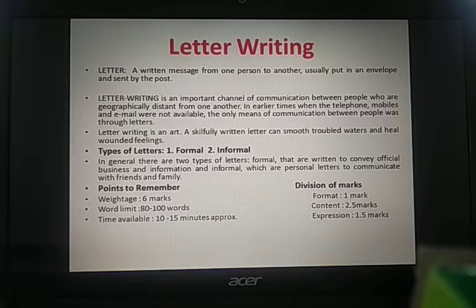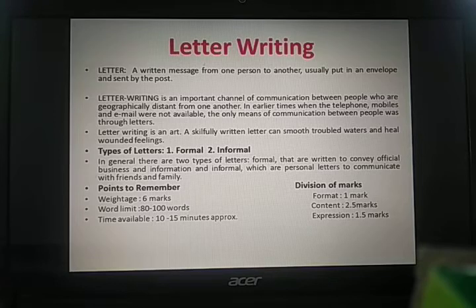In earlier times, when the telephone, mobiles and email were not available, the only means of communication between people was through letters. So I was telling you that these days there are other modes of communication like telephone, mobile phones, emails, and many social apps through which we can communicate.